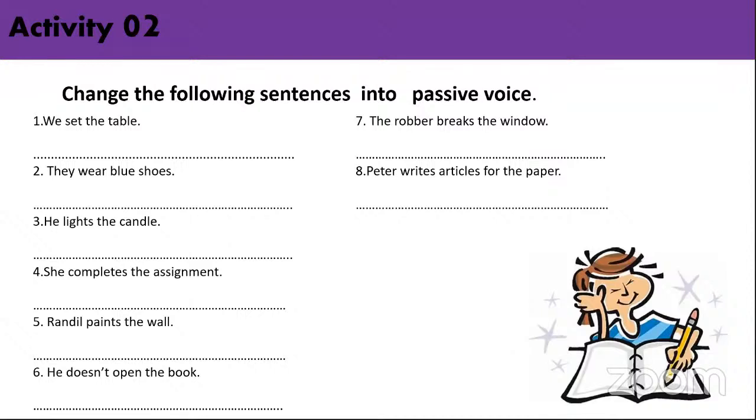Number 6, he doesn't open the book. Number 7, the robber breaks the window. Number 8, Peter writes articles for the paper. Okay, once again, there you have to write the whole sentence. Be quick. I'll give you 3 minutes to do that. Quickly do.